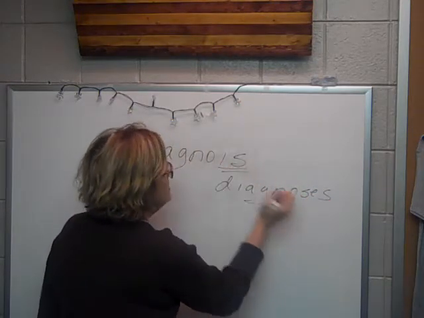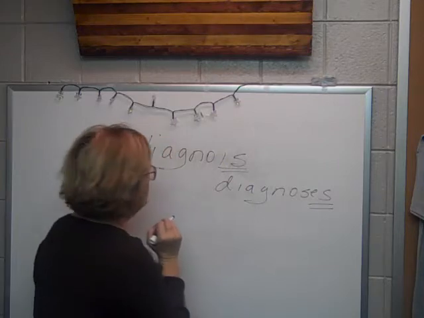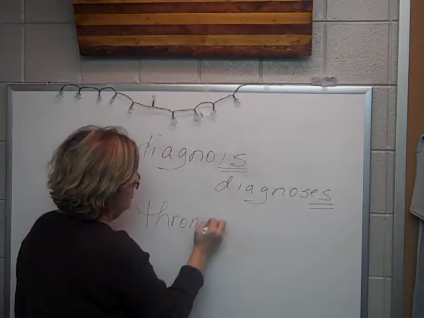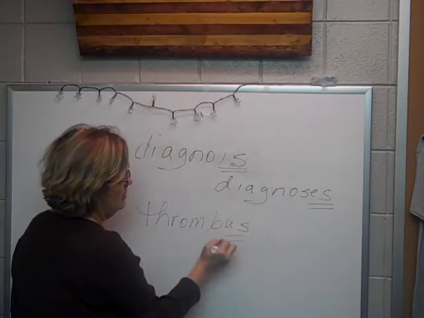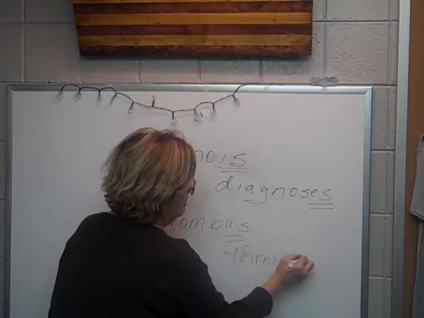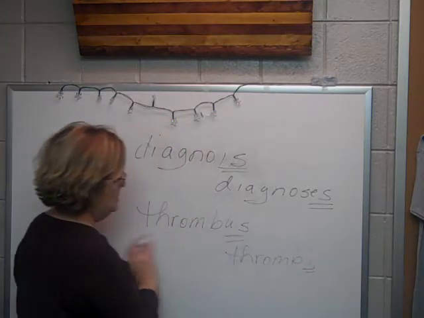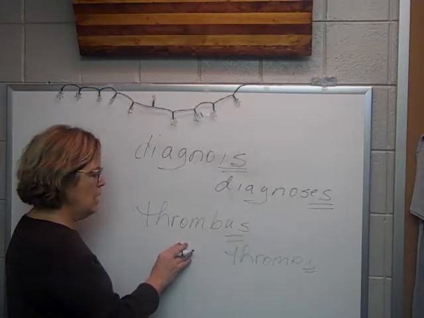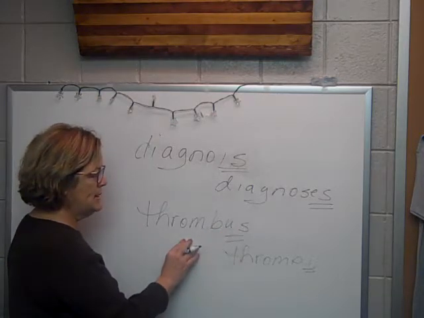So the IS becomes an ES. If we have thrombus, for instance, a US, we change that US to an I. So a singular clot, thrombo means clot, a singular clot is US, a thrombus.